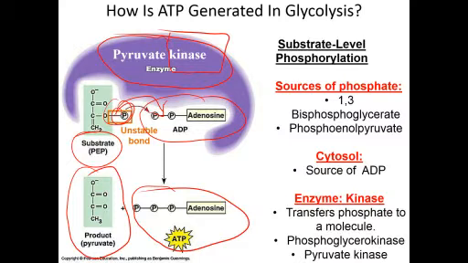In this case, pyruvate kinase is telling you that you are removing a phosphate group from some molecule, in this case PEP, transferring it to ADP, and you end up with pyruvic acid. So this is telling you your end product, pyruvate. Kinase is telling you that there is some type of phosphorylation taking place.